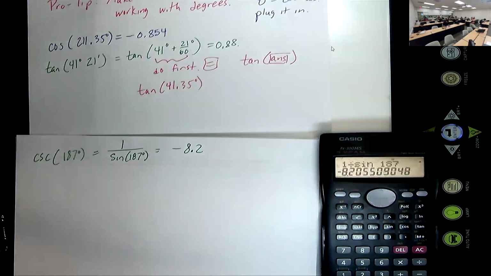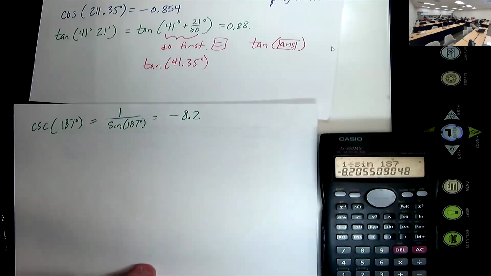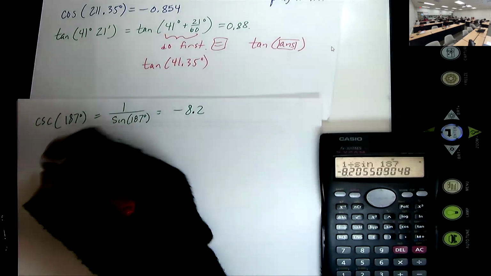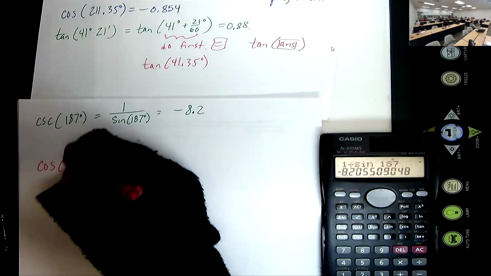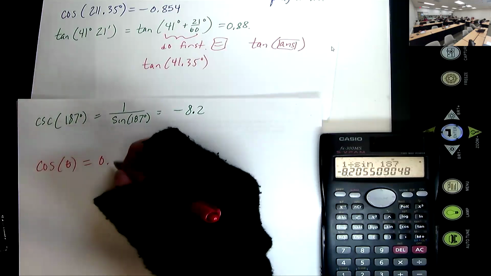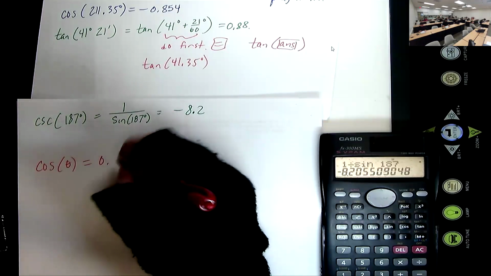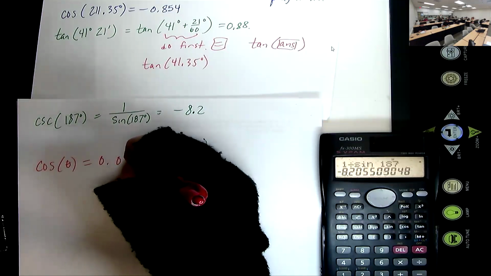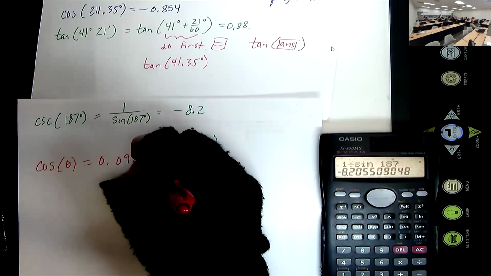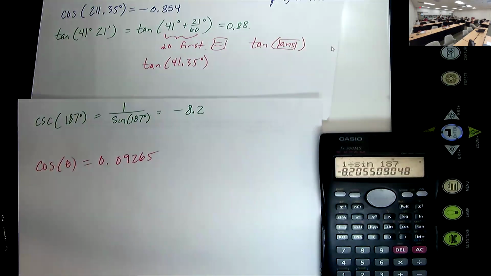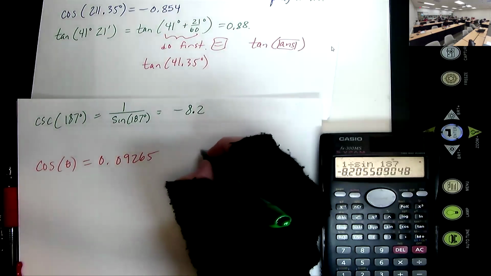And finally, and this relates to the question you asked me way back at the beginning. If they give you something like this, but they don't tell you what the angle is, let's say we have like 0.09265, the button you're looking for is the inverse button.